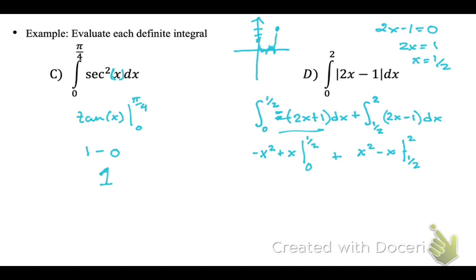I made it negative, but do you understand why I made it negative? No. Okay, so here, what is my slope? This line is negative, so that triangle, we need to have a negative out in front of it. Because that has a negative slope, we have to change the sign.